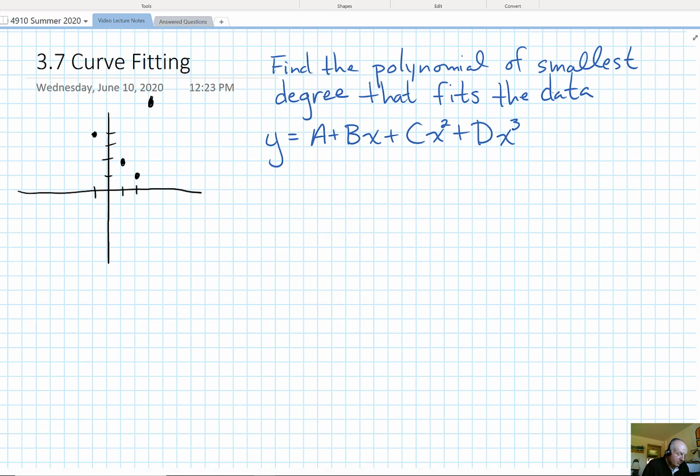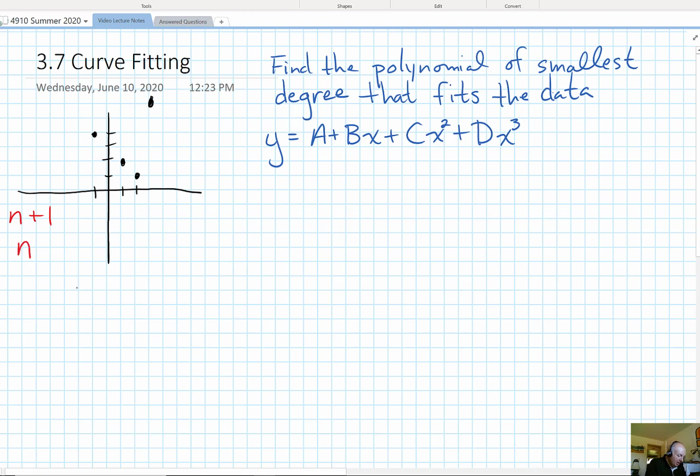So the theorem is that for any n points, you can find a polynomial of degree n minus 1. Well, let's put it this way: for any n plus 1 points, you can find a polynomial of degree n that goes through them.